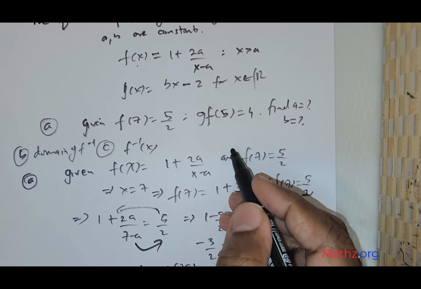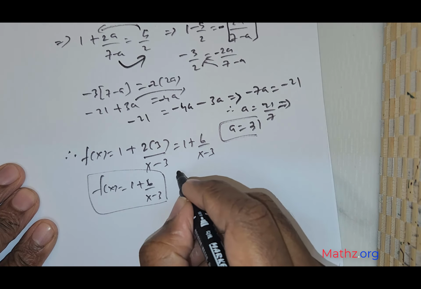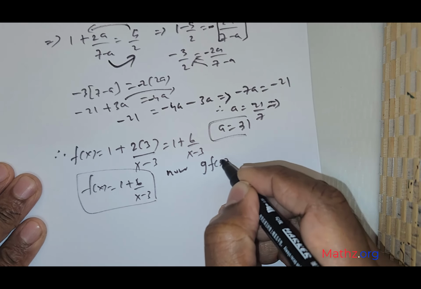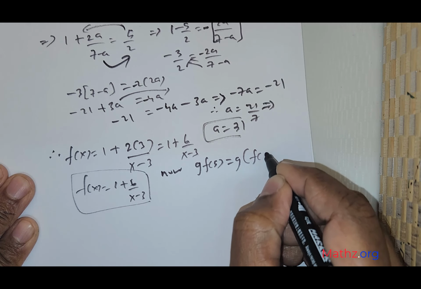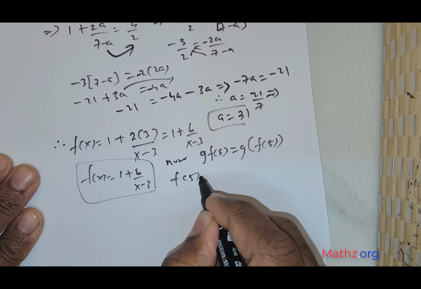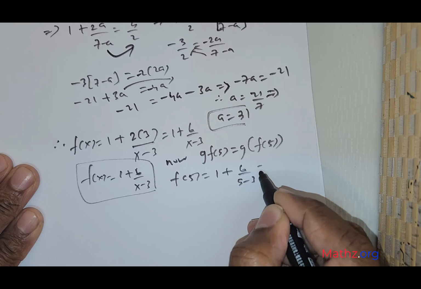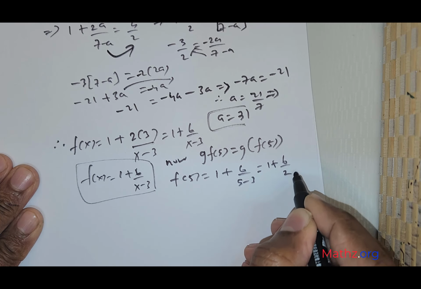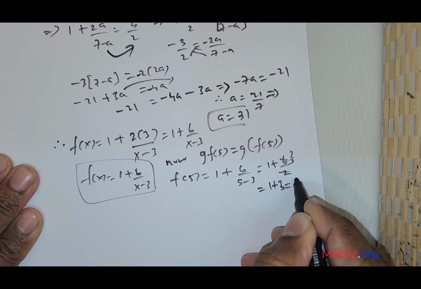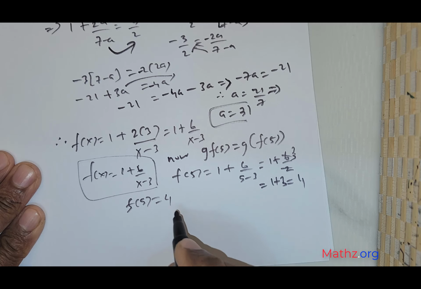Now we have to get g f 5, which is actually g of f of 5. Now f of 5, x is equal to 5, which means 1 + 6 over 5 - 3, which is 1 + 6 over 2. 2 divides here 3 times, which gives you 1 + 3 is equal to 4. So f of 5 is equal to 4.